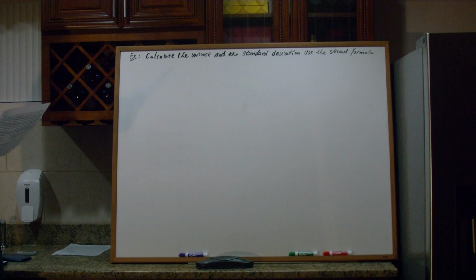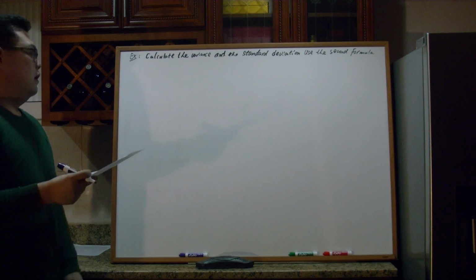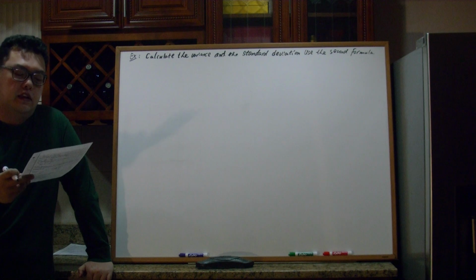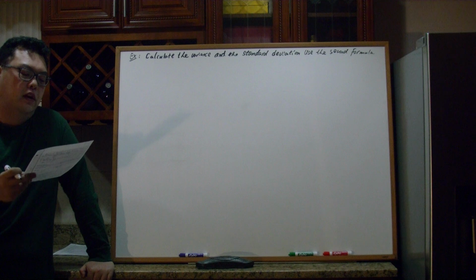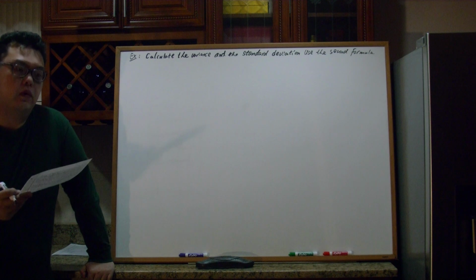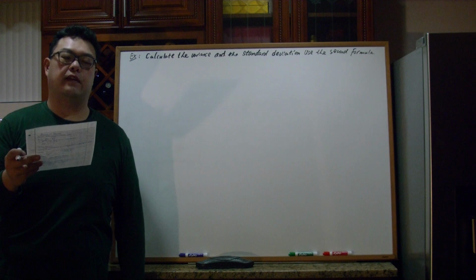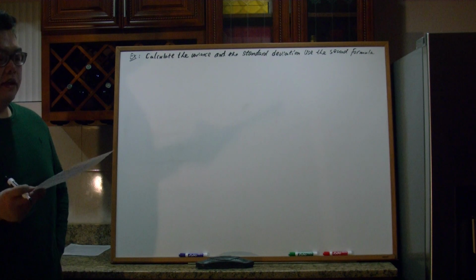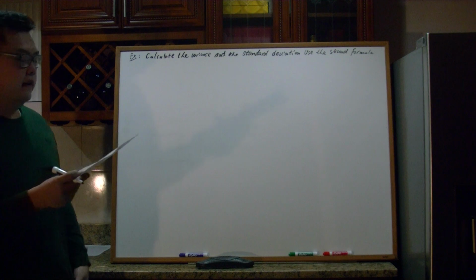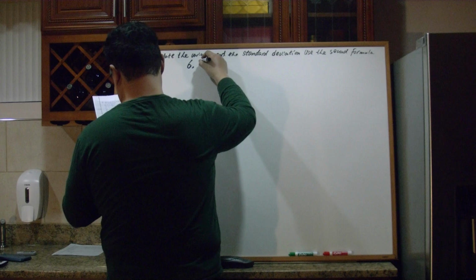Or in some other case, if x bar is not a whole number, it is a decimal, maybe 1 digit or 2, then it will be very tricky to take the square of the difference. Which means it will be very tricky to use the definition formula. That's why the computational formula was developed for people to use.